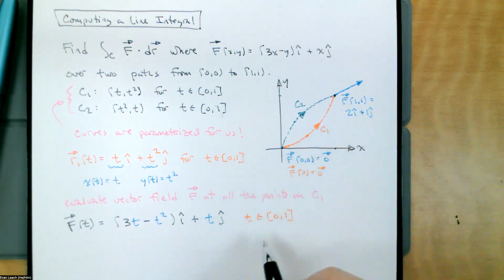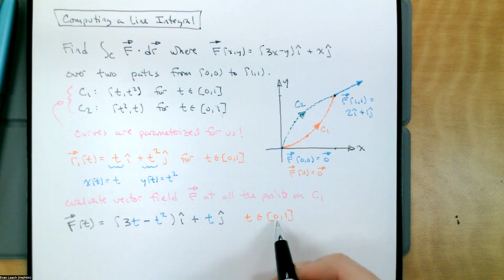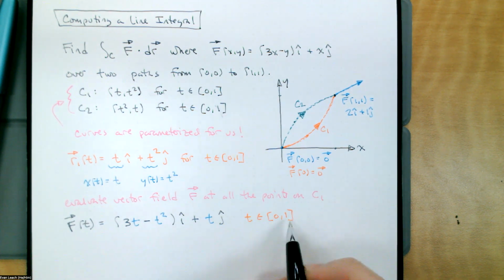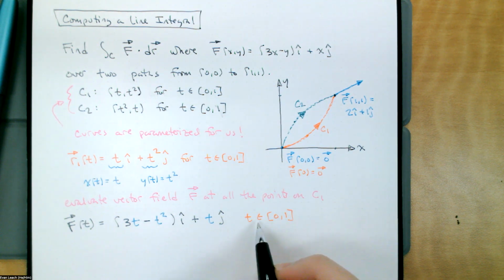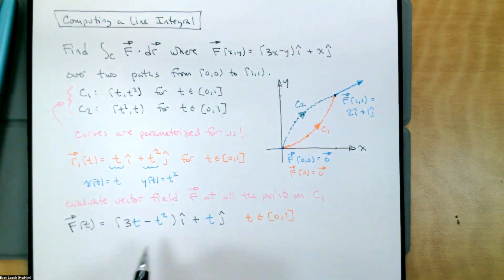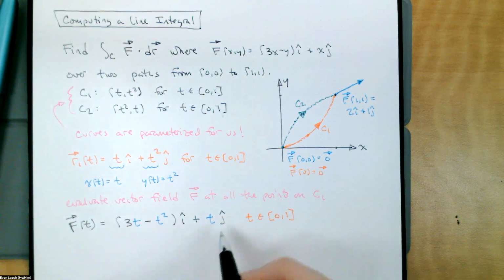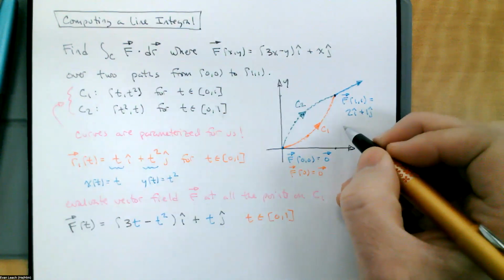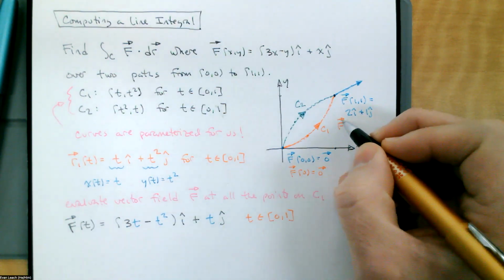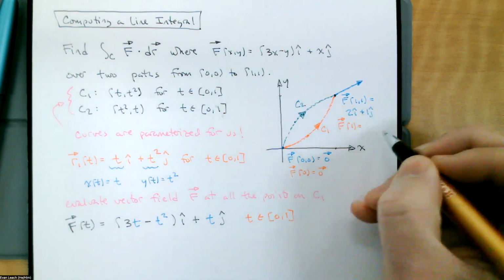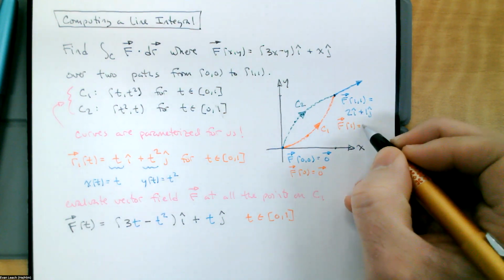When t is equal to 1, I get 3 minus 1 is 2, and then 1. So if I evaluate the vector field at t equal to 1, I get 2i plus 1j.